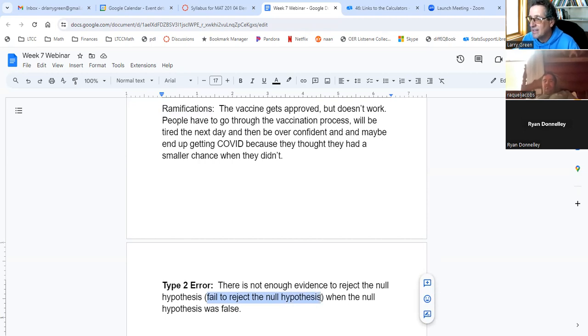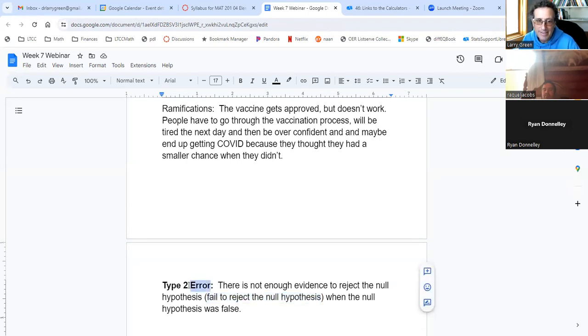Often that's how you say it: fail to reject. But the null hypothesis was false, which means the alternative hypothesis was true, but they weren't able to get the data to show that it was true.